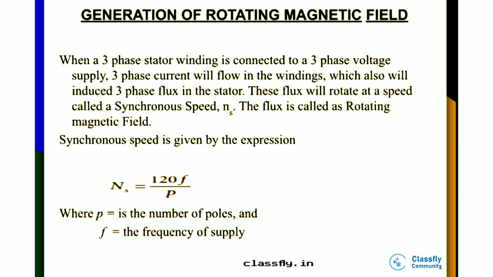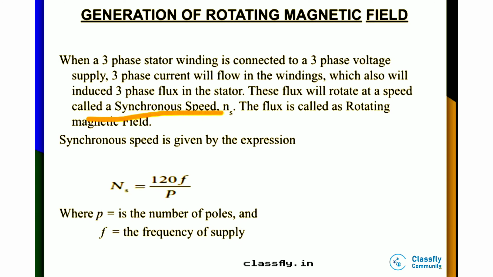Similarly here also, whenever there is a current flowing in the winding, flux will also get induced in the stator, as voltage is also being supplied to the stator, so the current will start flowing. Due to that, a flux will also get induced, and this flux which rotates at a speed is called the synchronous speed. We have done in the slip that the rotor should run at an asynchronous speed, that means less than the synchronous speed, right?